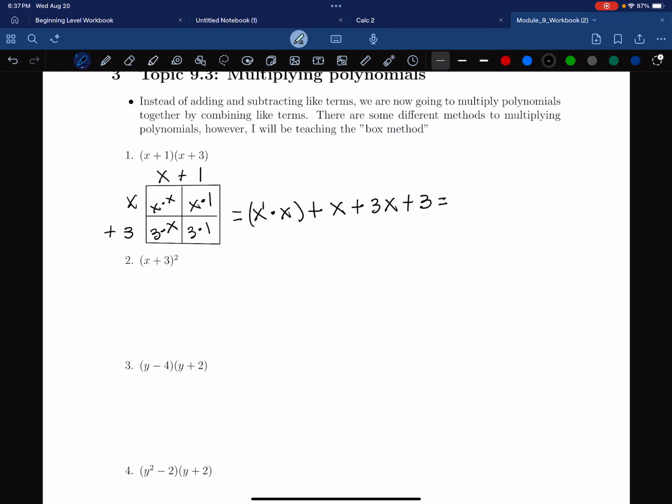And this x and this x have an exponent of 1. So we're going to do x to the 1 plus 1, which is x squared. Well, we can also combine these like terms here. Because notice we have an x and an x, and we're adding them. So x plus 3x is going to be 4x. So we have x squared plus 4x, and then this 3, it's just on its own. So we're going to add that 3. And that's our final answer.